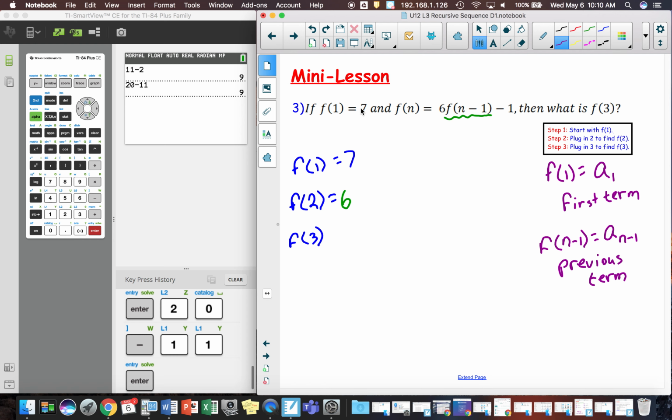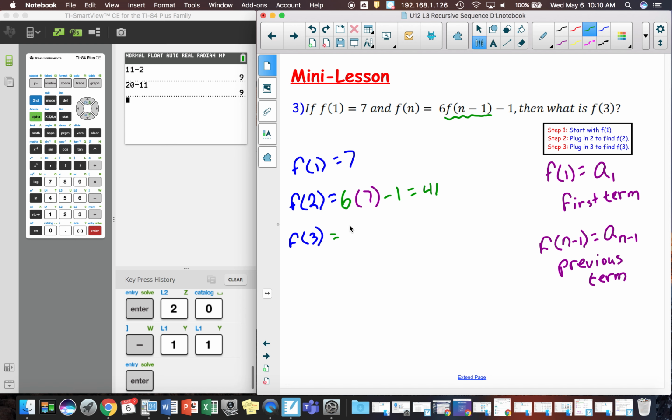So the previous term that we got was 7. So 7 is going to go inside here. And then I'm going to rewrite the rest of the equation. So 6, 7 goes inside of this whole thing, and then minus 1. Okay? 6 times 7 is 42, minus 1 is 41. So that's our second term. Now let's do the same thing for our third term.